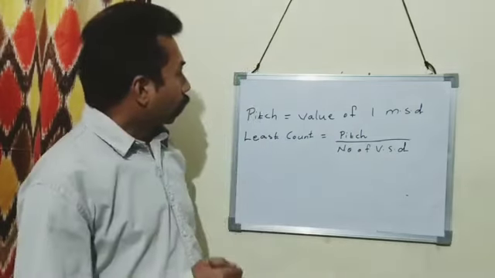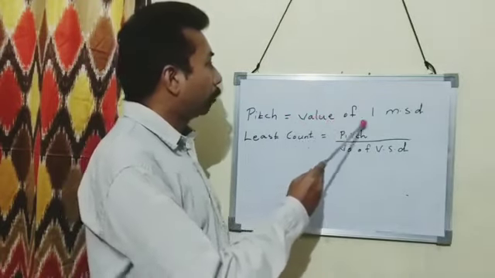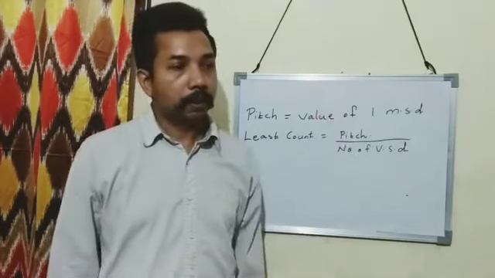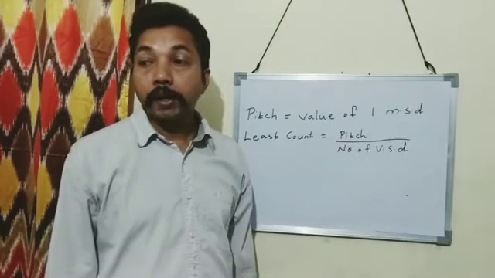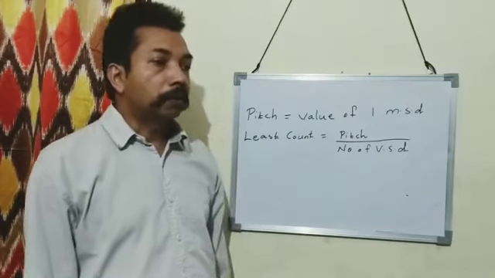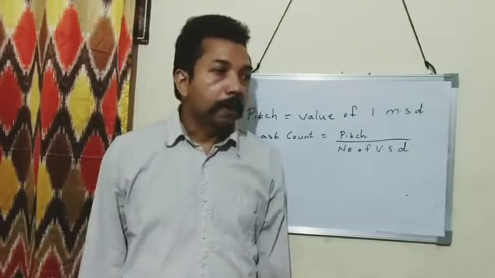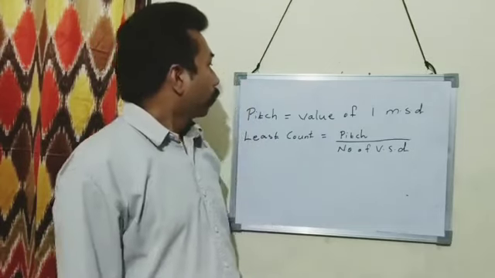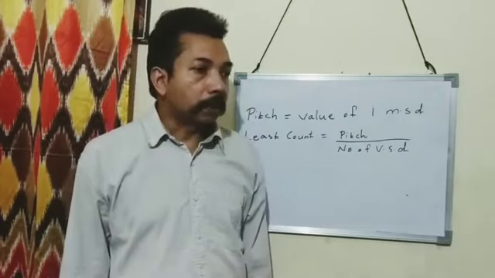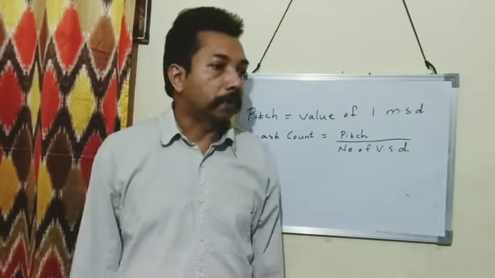So as I told you, pitch is the value of one main scale division. It is given that there are 10 main scale divisions in 1 centimeter.